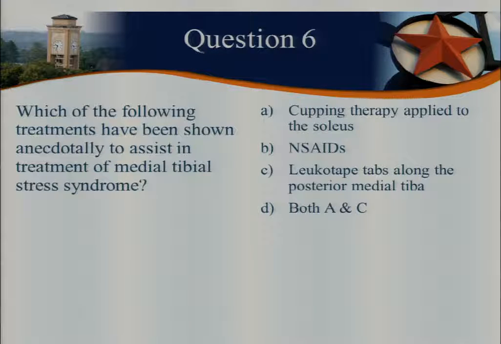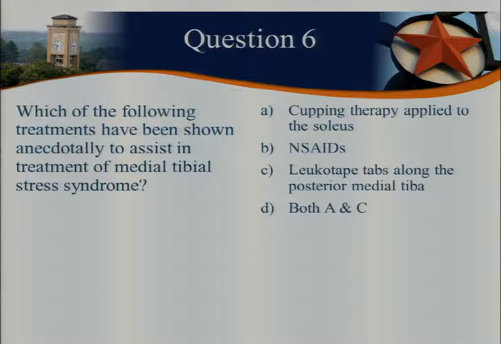And then lastly, going back to that anecdotal portion of this, which of the following treatments have been shown to assist in treating medial tibial stress syndrome, at least within the little brief case that I discussed with you all? So we talked about cupping therapy applied to that medial soleus since it has that attachment site on the distal two-thirds of the tibia.